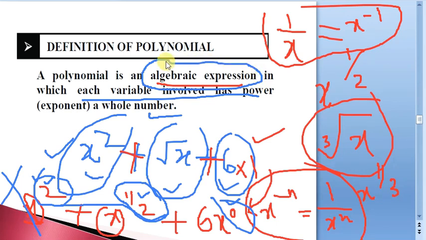But for an algebraic expression to be a polynomial, there is a condition that should be satisfied. That condition is on the powers. We need to locate the exponents and see whether they are whole numbers or not. If they are, it will be a polynomial, otherwise it won't be.